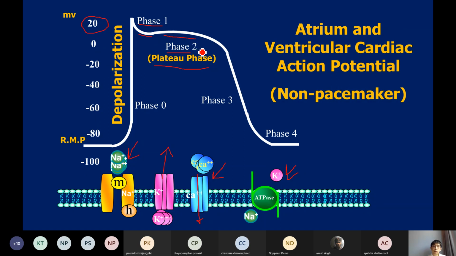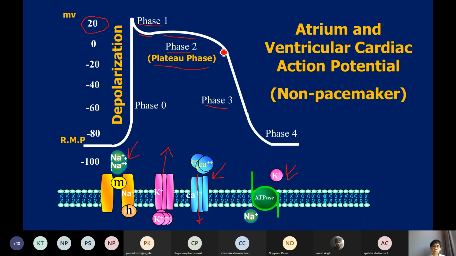And after the cells finish phase 2, they will enter phase 3. Phase 3, we call the repolarization phase. In this phase, there is no inflow of calcium. The potassium channel is still open, so the positive potassium ions still flow out of the cell.